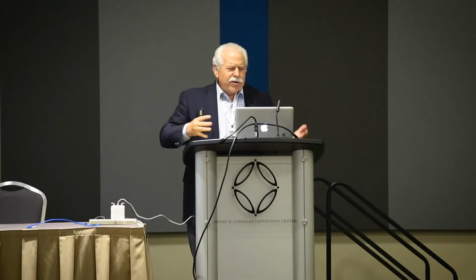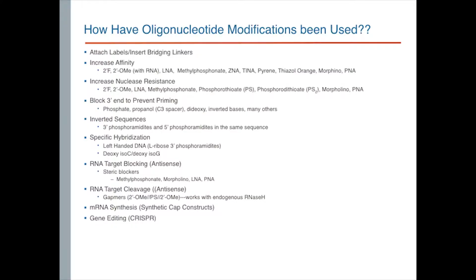And I've been making some of these for weird primers and things like that. We also have some modifications like ISO-C, ISO-G that will only base pair with themselves, so it can give you unique recognition. It's also available, more on a limited basis, some left-handed helices. We use these at GenProbe to improve specific target capture.